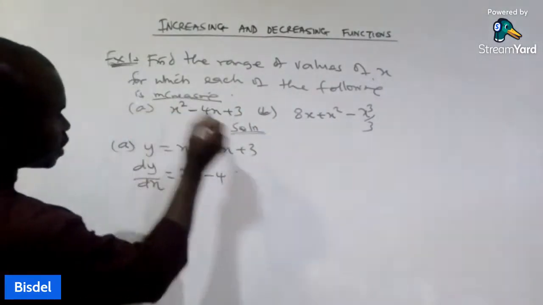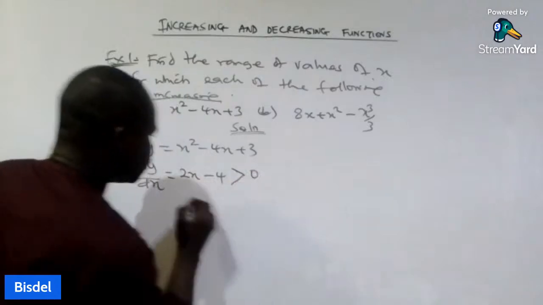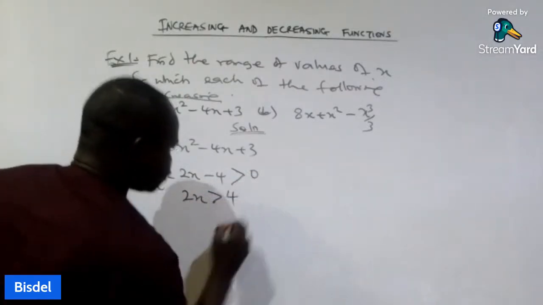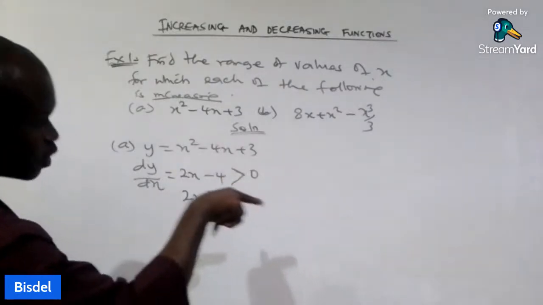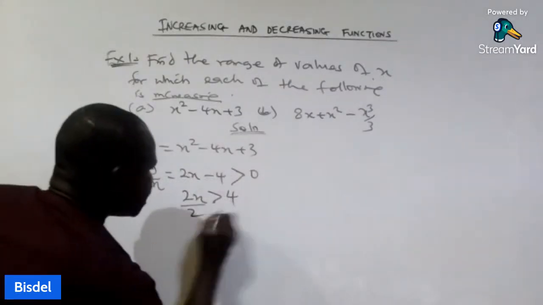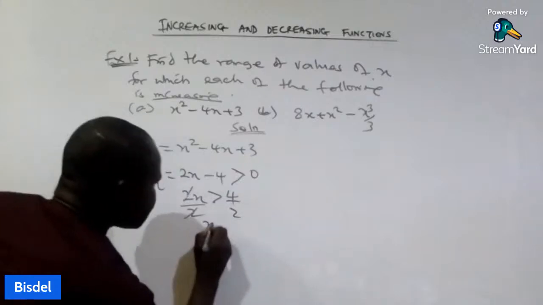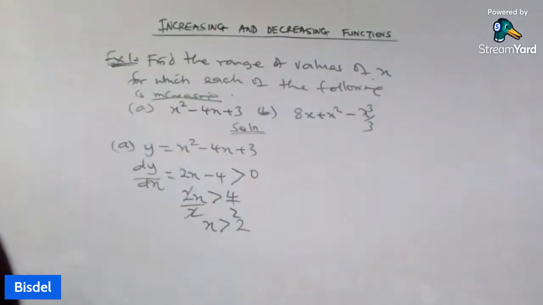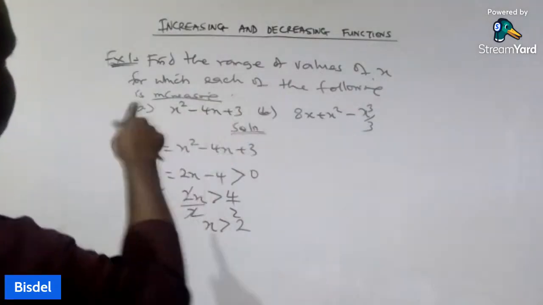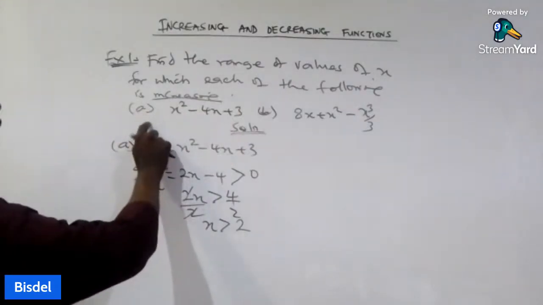Because this function is increasing, dy/dx will be greater than 0. Then here we have 2x greater than 4. By the time minus 4 crosses the inequality sign, it changes to plus. Then we divide both sides by 2. At the end of the day, we have x greater than 2. So that is the value of x for which this first question is increasing.